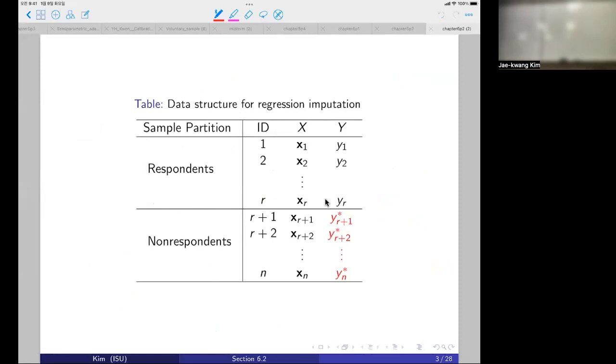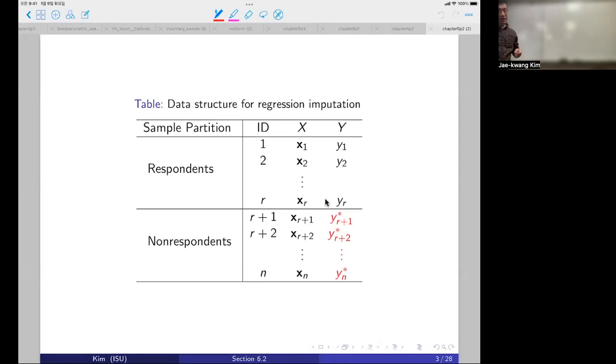But still, it gives some idea of which one is close. And one message is that the fractional weight will be highest for a particular one. I have an R assigned, and which one is the biggest depends on how close they are in terms of X. So that's really close to nearest neighbor imputation, nearest neighbor matching based on X. You compare X and pick the one with the smallest distance in terms of X.